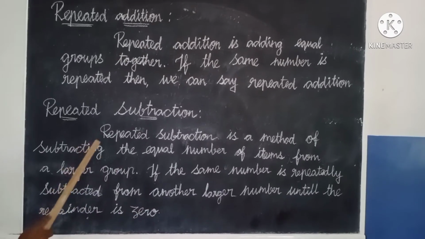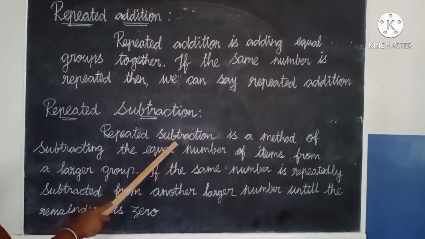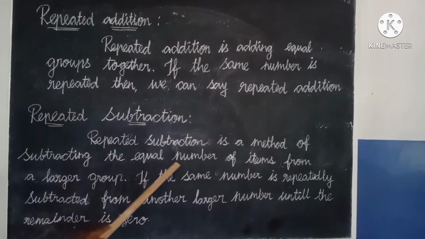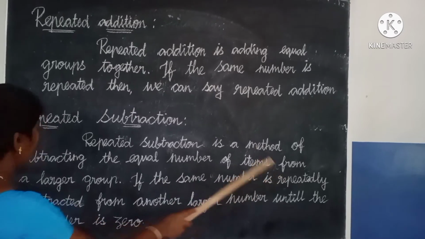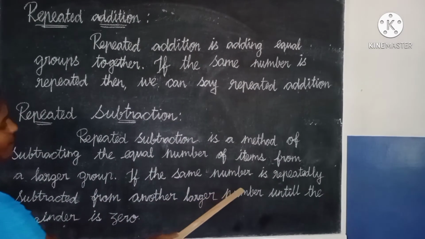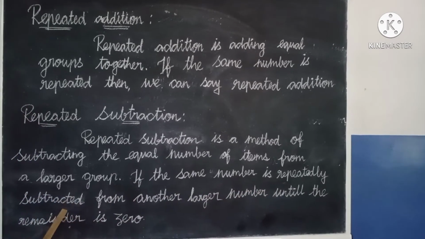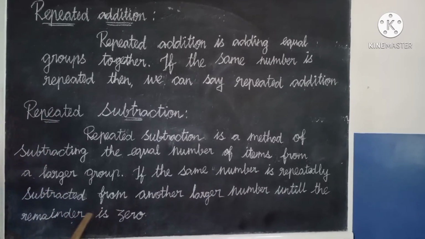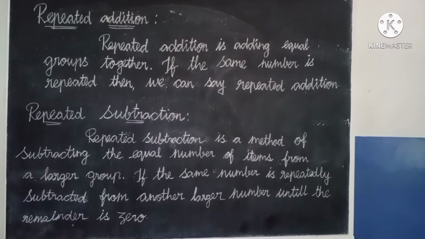Once again I read this. Repeated subtraction is a method of subtracting the equal number of items from a larger group, until the remainder is 0.